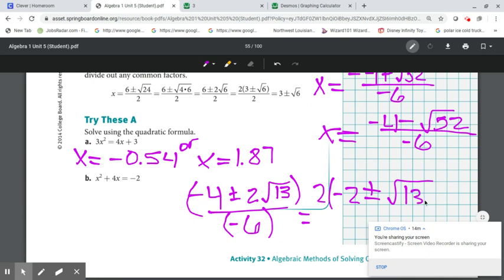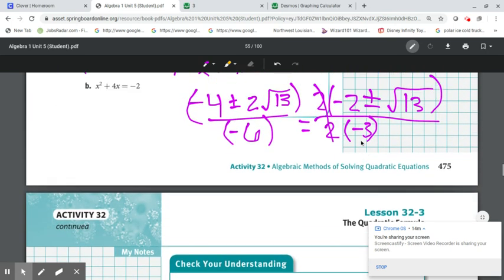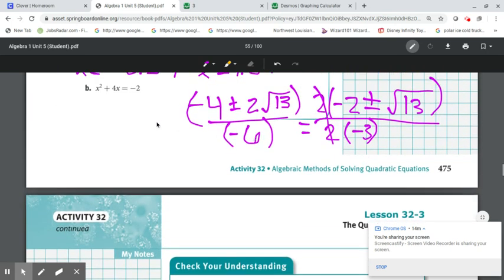You don't have to put the 1. And 2 goes into -6 3 times, so this will become 2 over 2 times -3. All right, so the 2 over 2 cancel, and you're going to be left with -2 plus or minus the square root of 13 divided by -3.